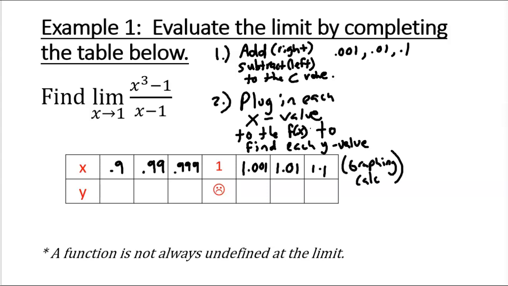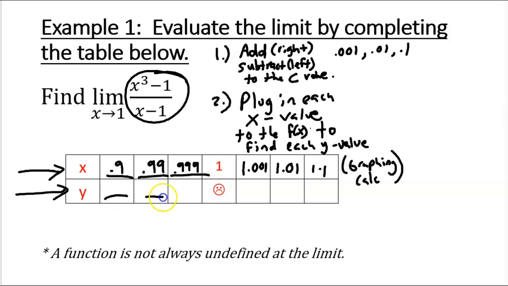So now that I've got my x values from step 1, step 2, we're going to find the y values that go with each of those x values by plugging each x value into my function. This is my function here. And so we're going to be plugging 0.9 in, we're going to plug in 0.99, we're going to plug in 0.999, etc. And we're going to find the y value that goes with all 6 of those x values, okay?